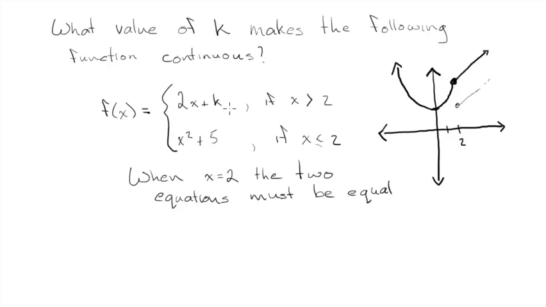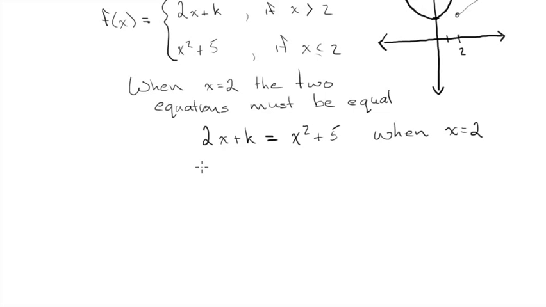So what we're going to do is take 2x plus k and say that it has to equal x squared plus 5 when x equals 2. So all I have to do is substitute x equals 2 into this equation.